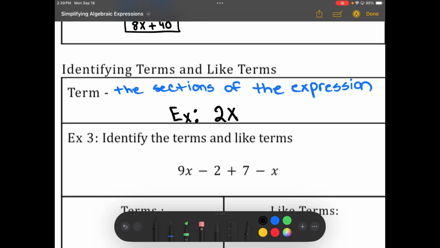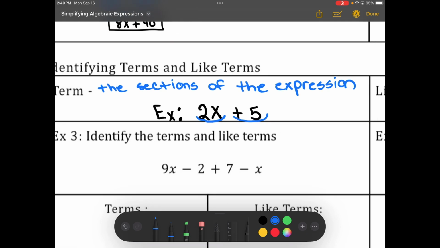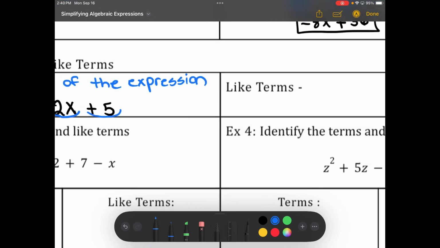So we're going to look at the example, 2x plus 5. Now, your terms are separated by the addition and subtraction signs. So this 2x is one term, and this plus 5 is another term. This is a two-term expression. It has two terms.